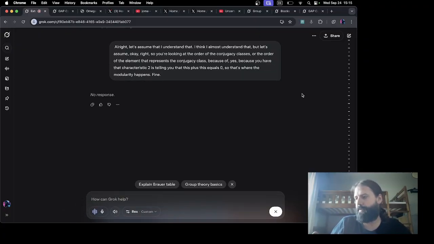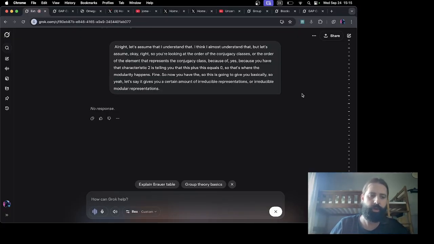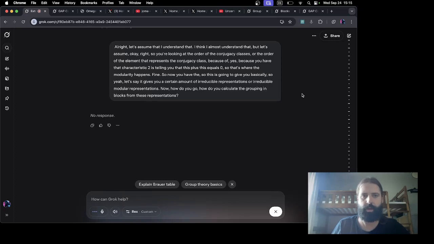So let's say it gives you a certain amount of irreducible modular representations. Now, how do you calculate the grouping in blocks from these representations?